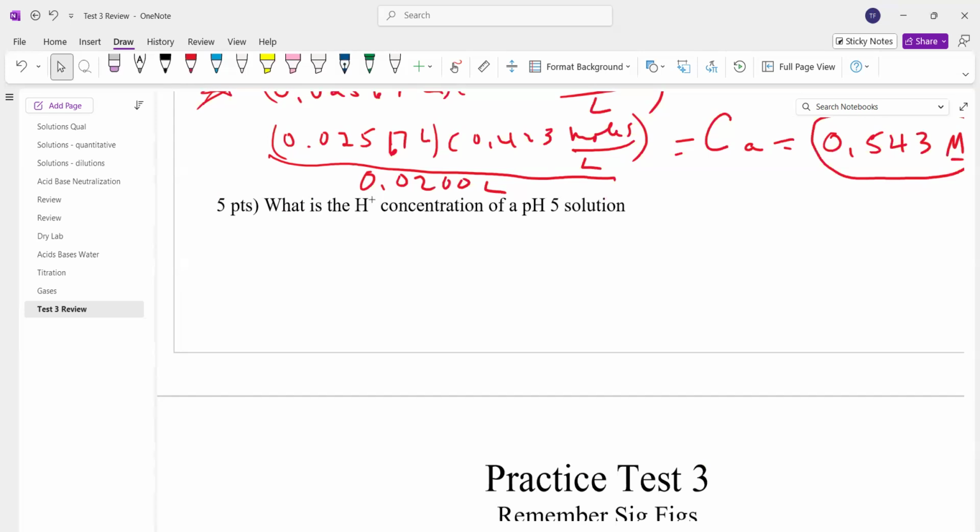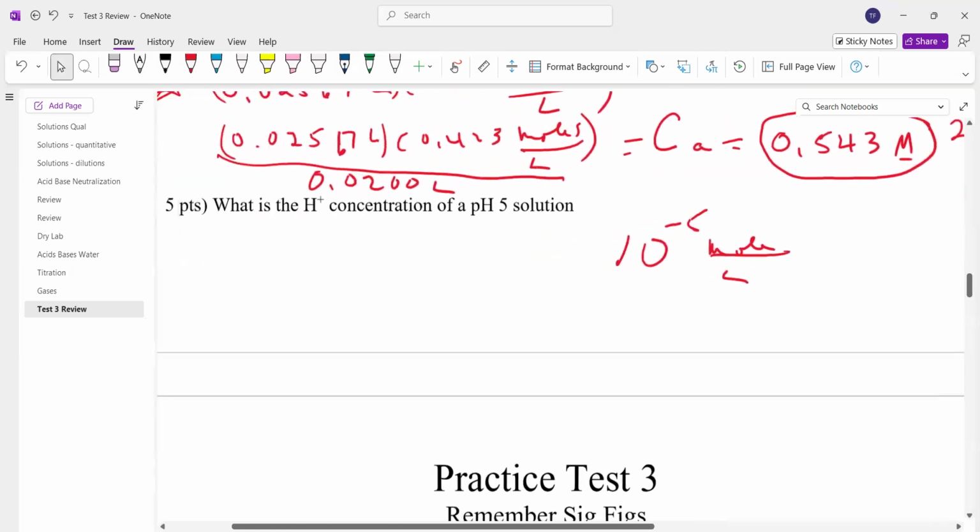So negative of 5 is negative 5. So that's 10 to the negative 5 moles per liter. And that's as tricky as we're going to get in terms of pH, just going from concentration to pH.